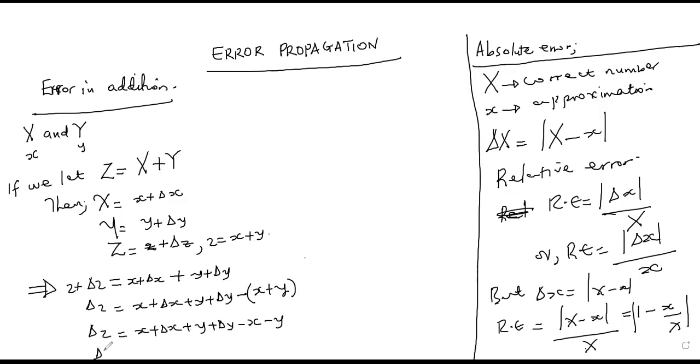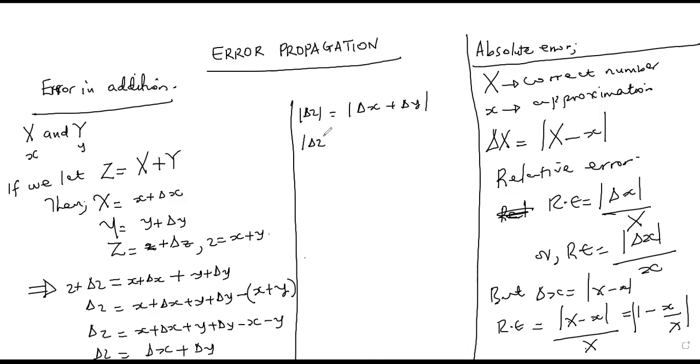So we shall have our delta z as delta x plus delta y. All right, so if we take the magnitude on either side, our delta z magnitude is going to be equal to the magnitude of delta x plus delta y.